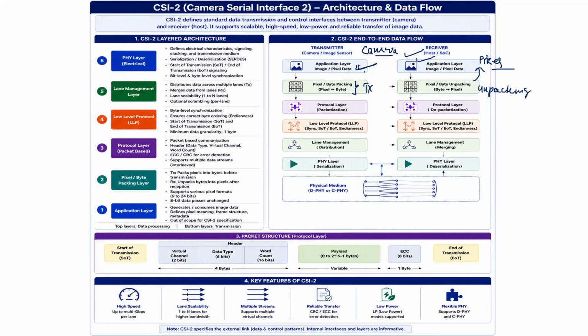So that is the pixel on the transmitter side. It packs the data and converts it into byte format, depending upon the RGB model. We have different data types, primary data types and secondary data types: RGB 888, RGB 444, YUV, and raw data modes. All of these convert whatever pixel data we have into byte format.